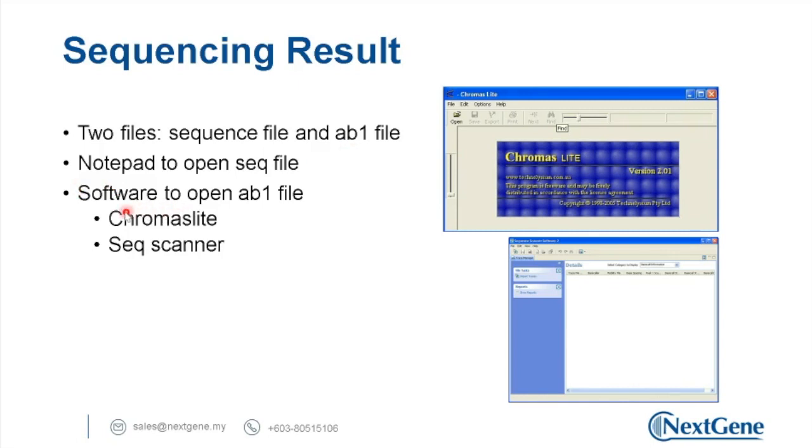The first one is the ChromaSlide. Showing here, you need to download it and install it. The second one is called Sig Scanner 2, also shown over here. The ChromaSlide is the more basic version, and the Sig Scanner 2 is a more advanced version of the software to open AB1 files.